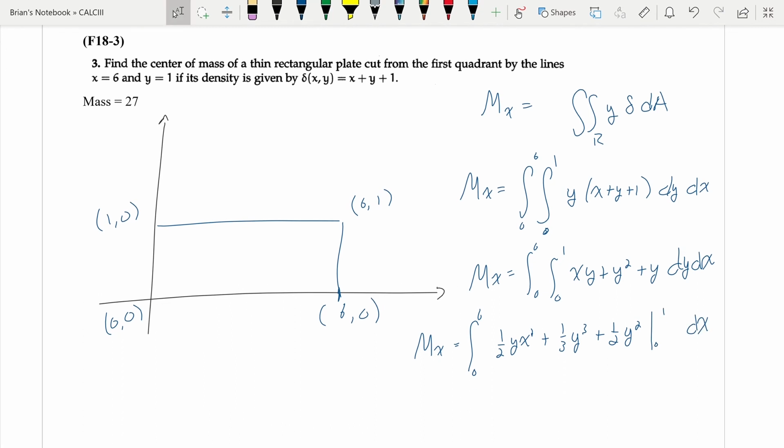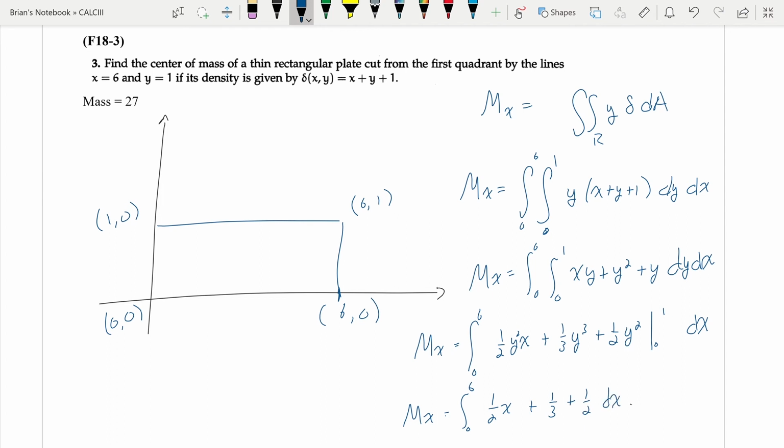Okay, that 0 to 1 is really easy to evaluate. Well, Mx is equal to the integral from 0 to 6, so we'll have 1/2 x squared plus, oh, excuse me, this should be 1/2 y squared on this side right here. That should be 1/2 y squared, if you caught me. Good job. So we'll have just 1/2 x plus, then we'll have 1/3 plus 1/2, and then we'll have dx.